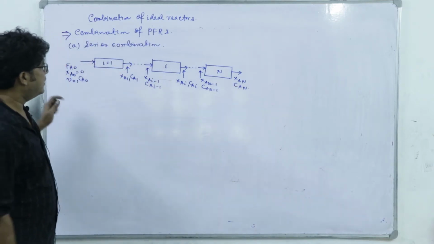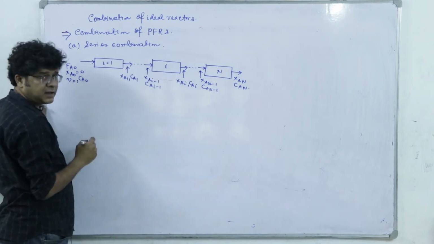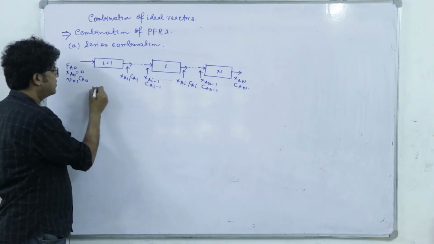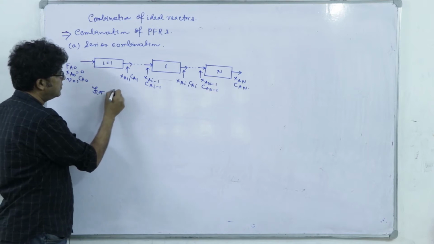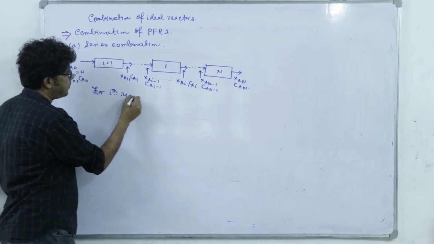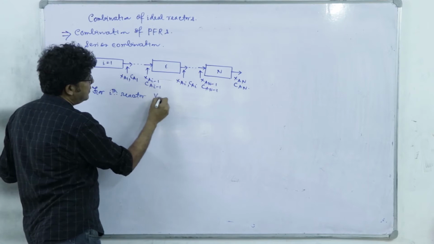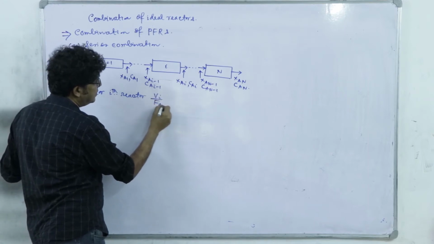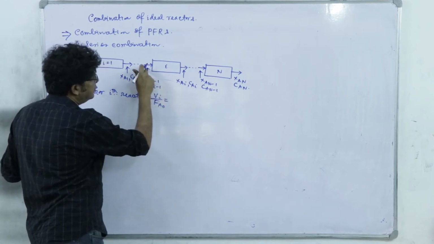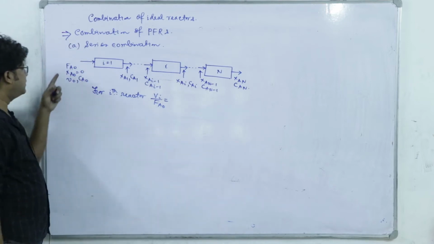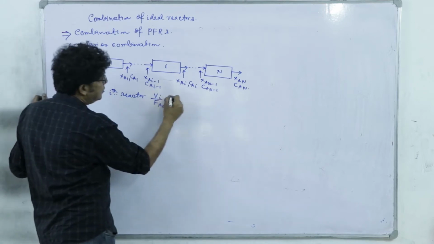Now, see, for this ith reactor, if I write the design equation, Vi by Fa naught, remember this is not Fai minus 1, it should be Fa naught. Why?